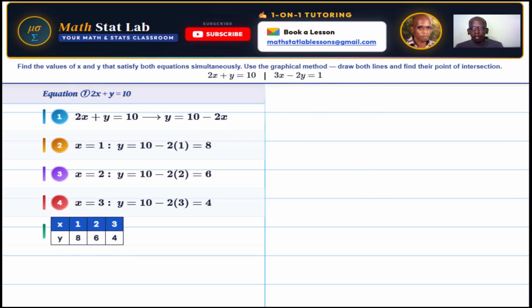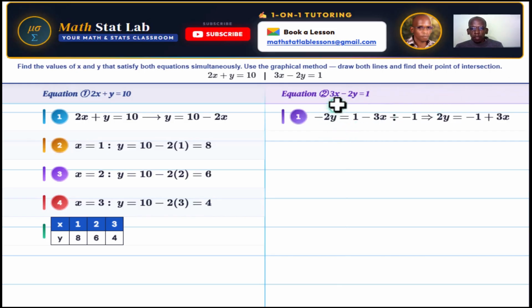So in the second equation, as usual, we have 3x minus 2y is equal to 1. Then from there, I first of all need to make y the subject of the formula. To do so, I just need to move this 3x to the other side of the equal sign, and now it becomes negative 2y is equal to 1 minus 3x, because 3x here was positive, on the other side it will be negative.